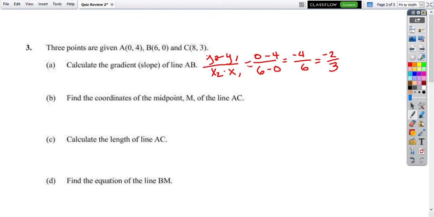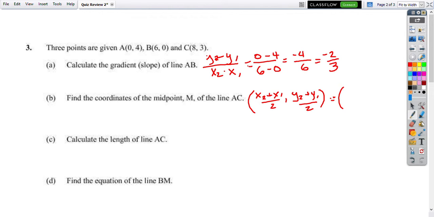Okay. Find the midpoint of line AC. So once again, we're going to do add and divide by 2. That's the average. So x2 plus x1 over 2, and then y2 plus y1 over 2.